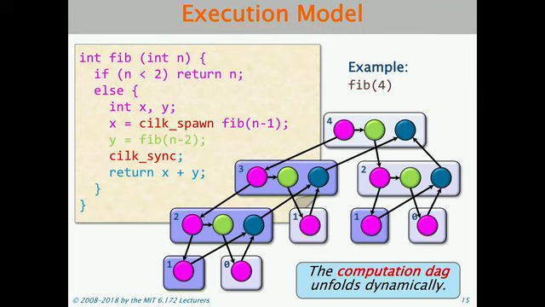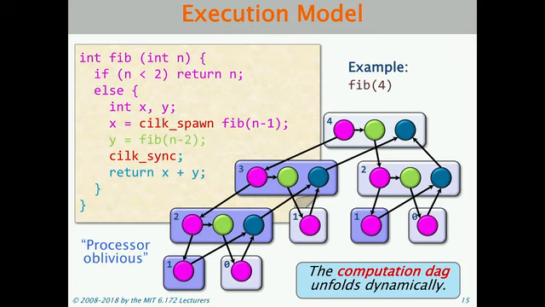OK, so one thing to note is that this computation DAG unfolds dynamically during the execution. So the runtime system isn't going to create this graph at the beginning. It's actually going to create this on the fly as you run the program. So this graph here unfolds dynamically.